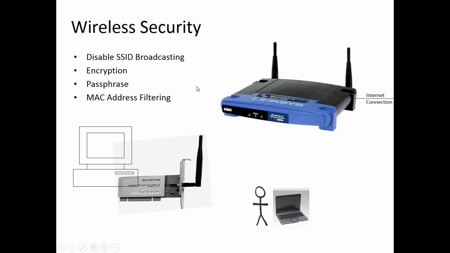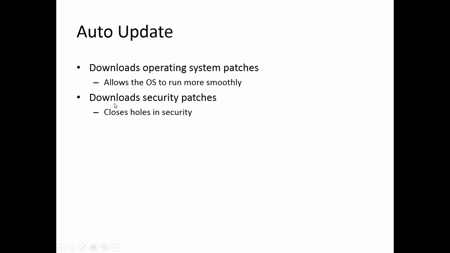The same passphrase is typed into the wireless router as well as the wireless workstation. And if we want to, we can configure MAC address filtering, and that's where we configure the wireless router to only allow specific workstations to connect based upon the MAC address.